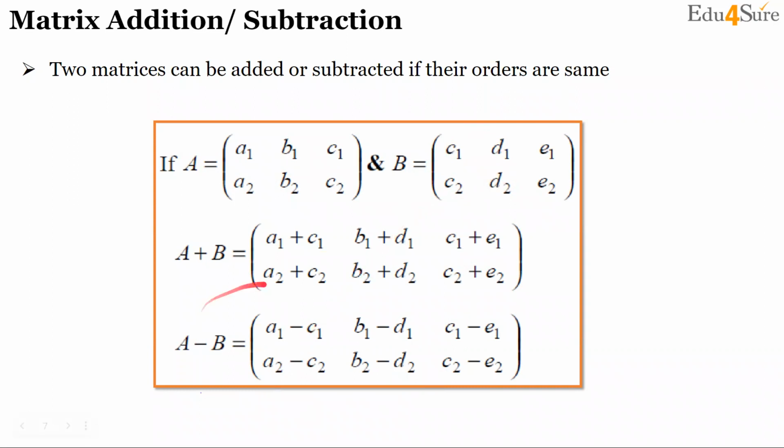So how are we going to perform arithmetic operations on these? Let's see that. When you want to do addition of two matrices, always remember the addition will be performed between matrices of the same order. Here, the order of this matrix is 2 cross 3, and this is also 2 cross 3.